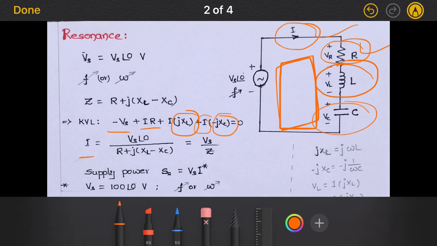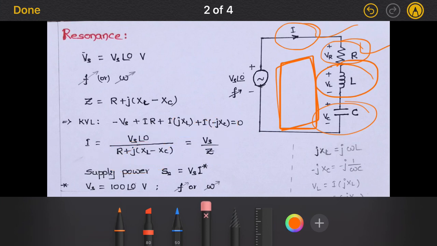From that expression, I equal to Vs at an angle 0 by R plus j(XL minus XC). Here Vs at an angle 0 is the voltage vector, and the denominator is the impedance. So I vector equal to voltage vector by impedance.